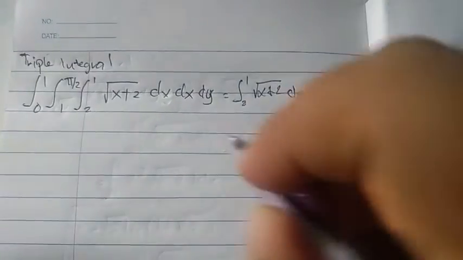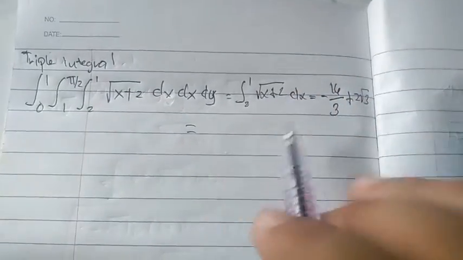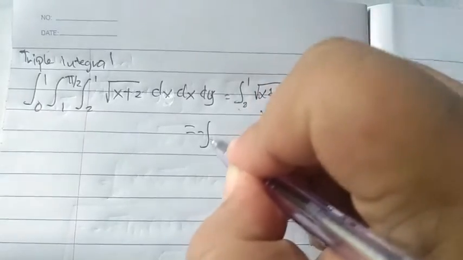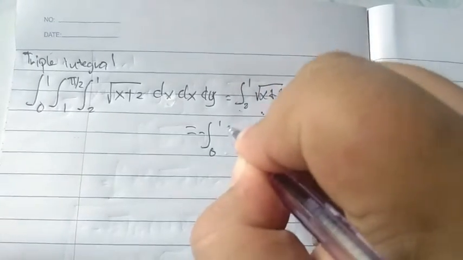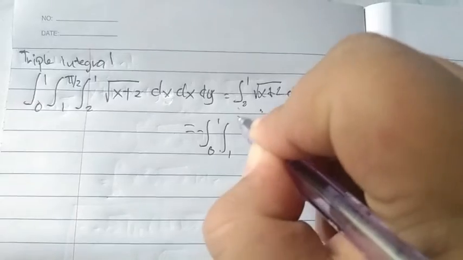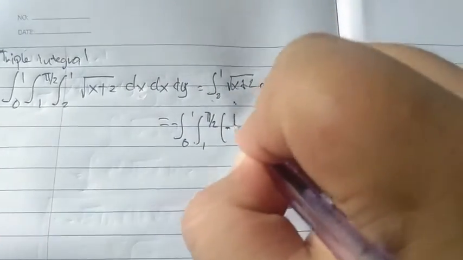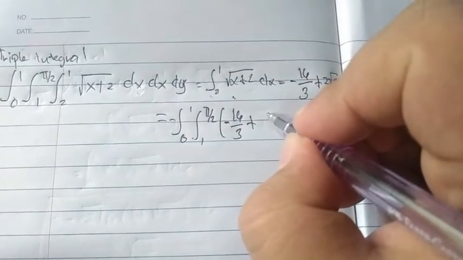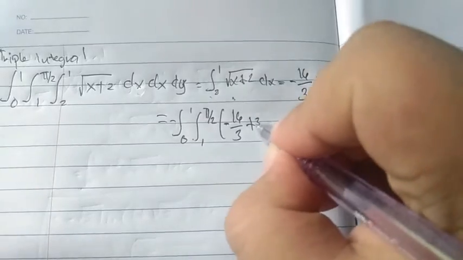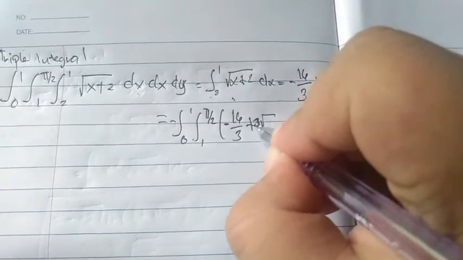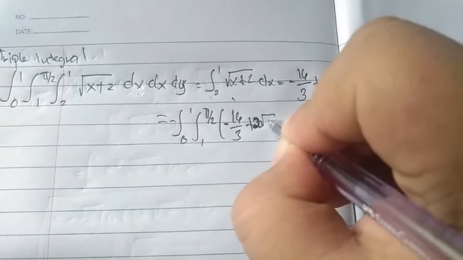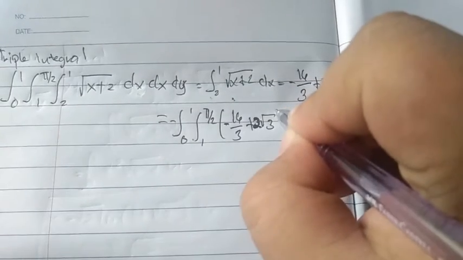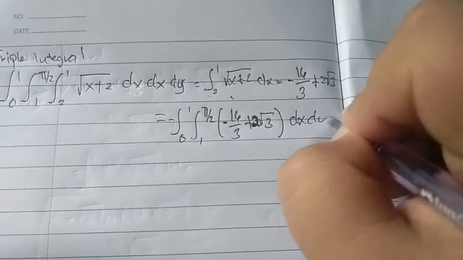Then after that, we're going to solve it again, with limits 0 to 1, pi over 2 plus 2 times negative 16 over 3 plus 2 square root of 3 dx dy.